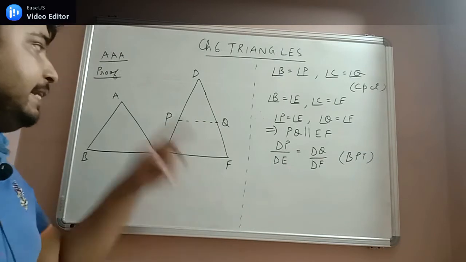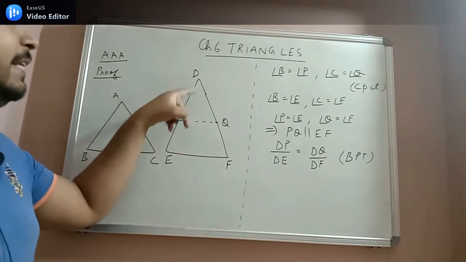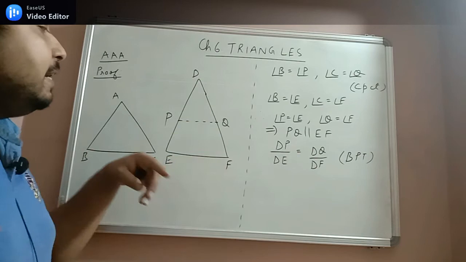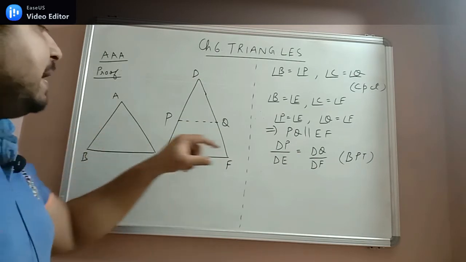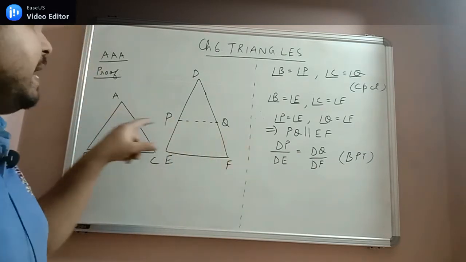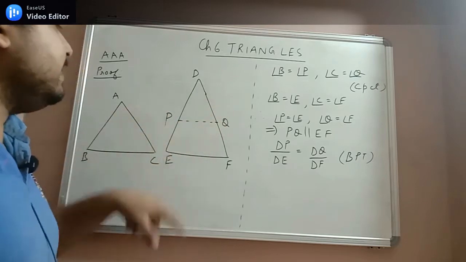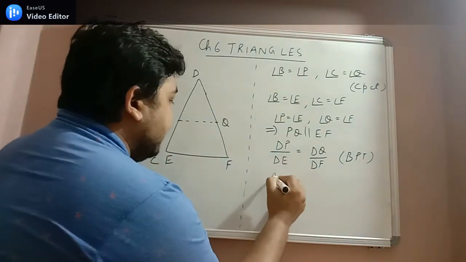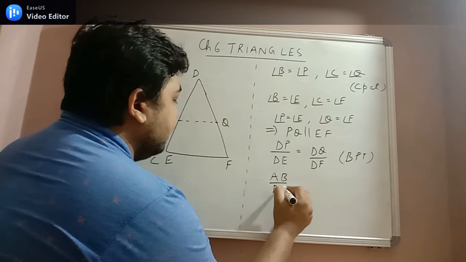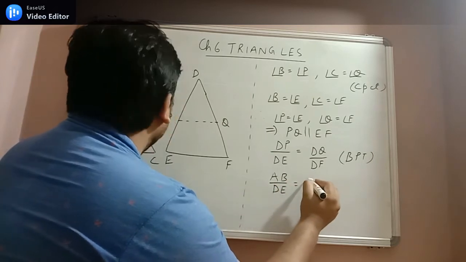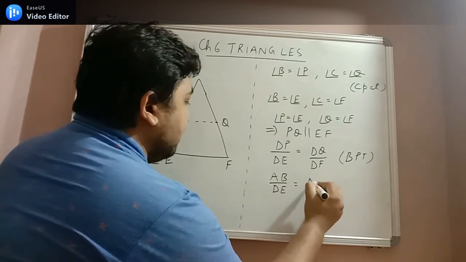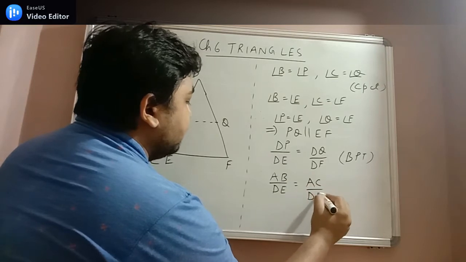So once we get DP upon DE equal to DQ upon DF, I can simply replace DP by AB and DQ by AC. So I got AB upon DE equals AC upon DF.